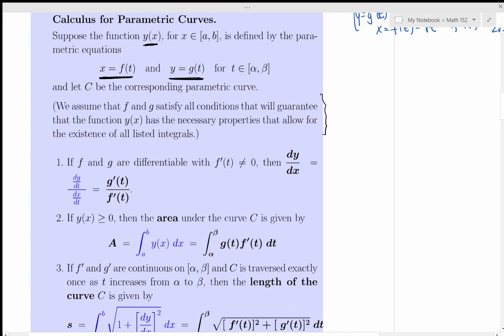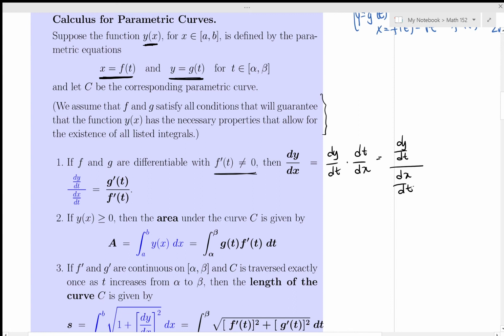So if f and g are differentiable and the derivative of f is non-zero, then via the chain rule, we have that dy by dx is equal to dy by dt times dt by dx, and that is equal to dy by dt divided by dx by dt.